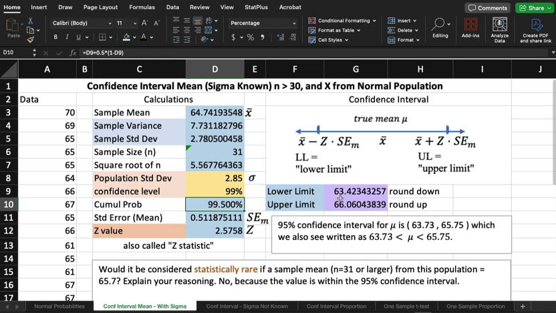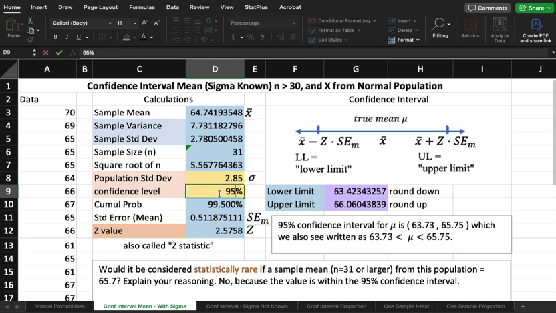The lower limit would be 63.42, and the upper limit would be 66.06. So if you want a smaller interval, you have to decrease your confidence level.